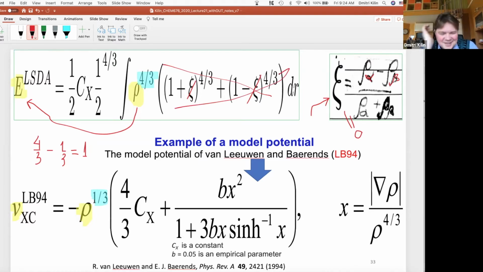Okay, Lina, would you like to share any comments? I just noticed the minus sign here in the potential relation. It wasn't in the energy relation with the density. Okay. Yeah, thank you. And anything else? No, everything is clear.